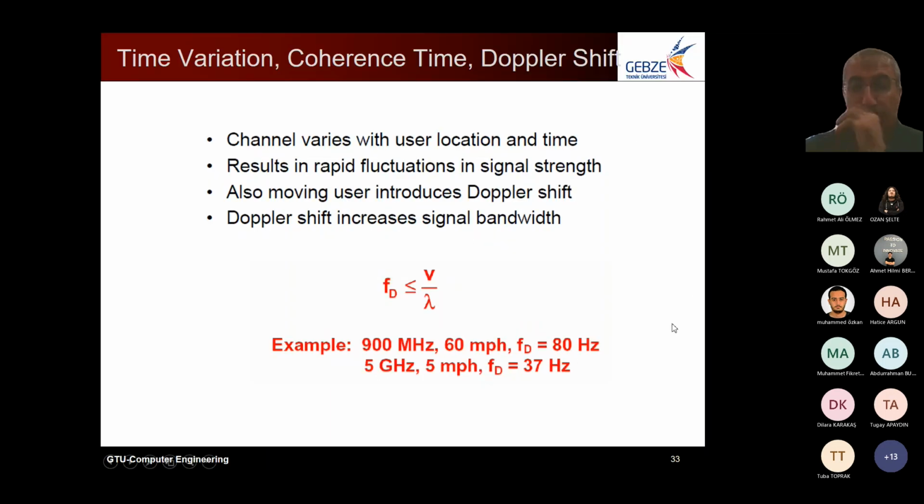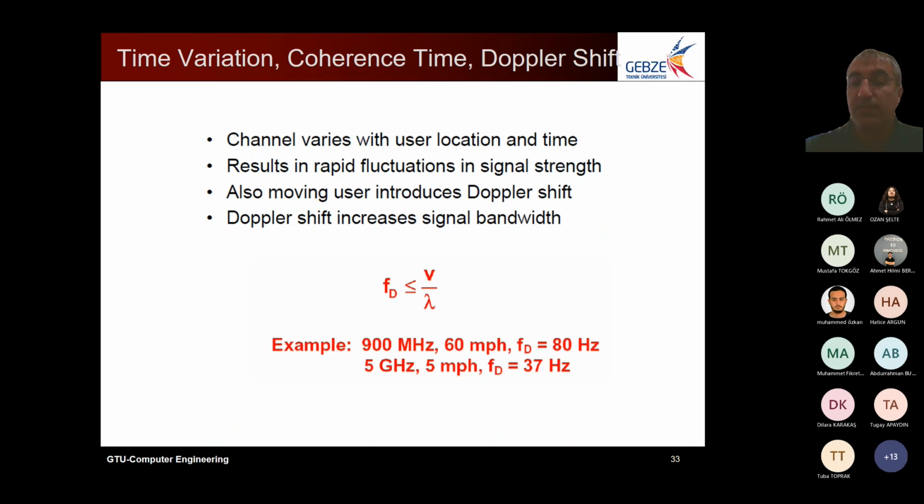Because this moving mobile device introduces Doppler shift, and Doppler shift can affect your signal bandwidth, it introduces some fluctuation. How do we calculate this Doppler shift? We use this equation. There are two examples.